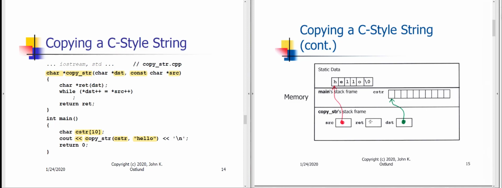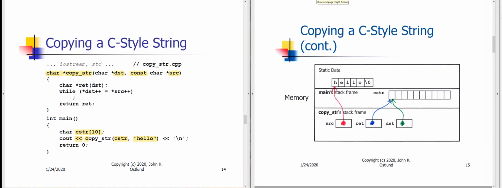That is, ret points to the same char that dest points to. And there we are. Now we get into this while loop, and the while loop is doing all the work of copying from the source C string into the destination array of char up to and including the null character.